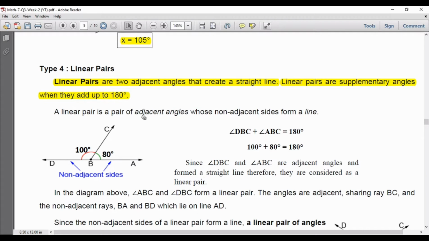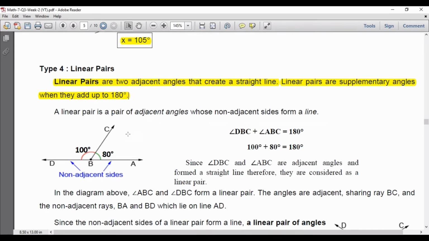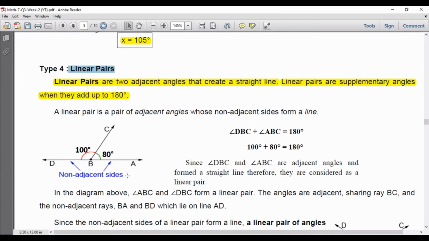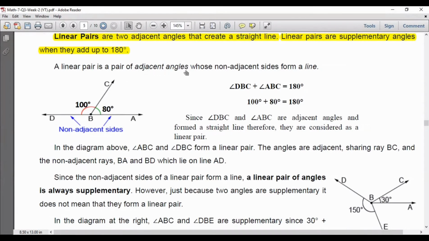Meron palang term na tinatawag: kung ang dalawang angles ay adjacent angles and they are supplementary angles and form a straight line, then they are called a linear pair. A linear pair is a pair of adjacent angles whose non-adjacent sides form a line.